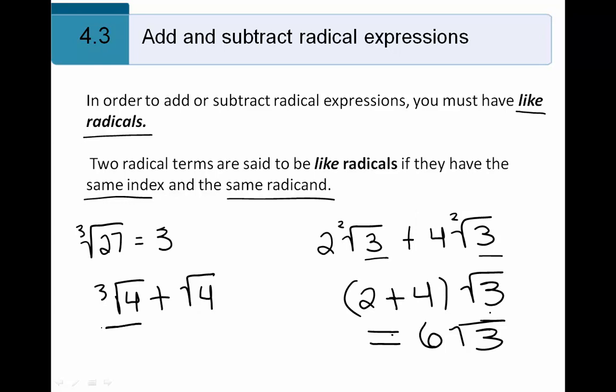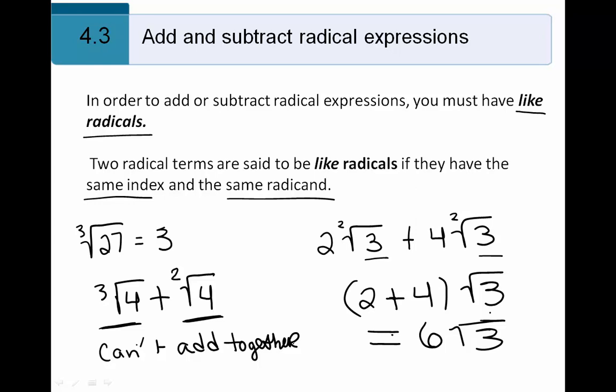This cubed root of 4 here has an index of 3. Right here, a square root of 4 has an actual index of 2. So you would not be able to add these two together, okay? Because they don't have the same index.